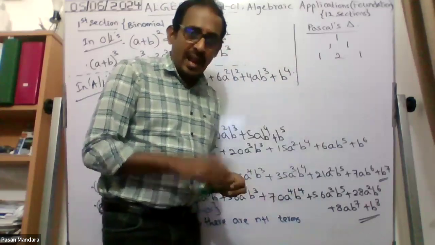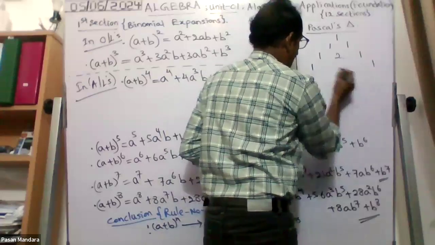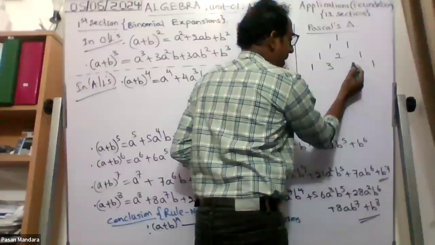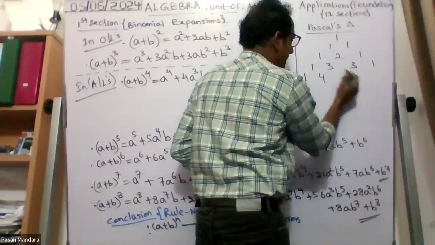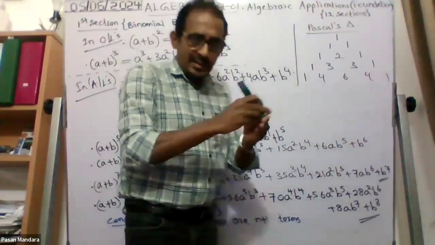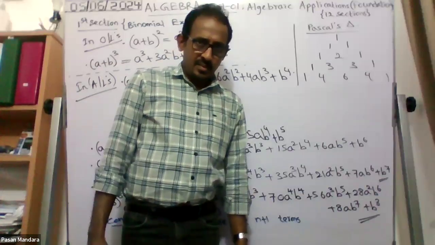So next line, addition. Two corners, 1 and 1. In the middle, addition. Like that, for Pascal's triangle we need more space, students. Right?